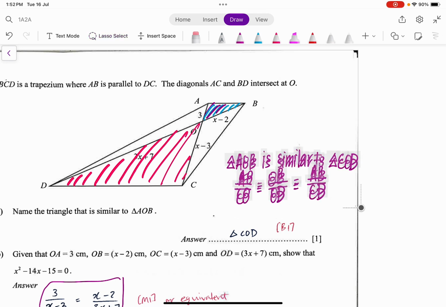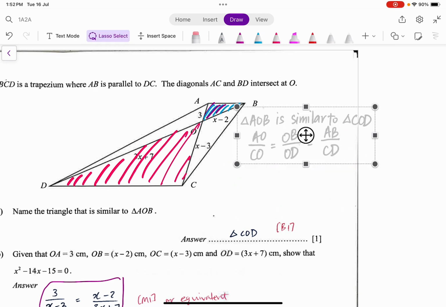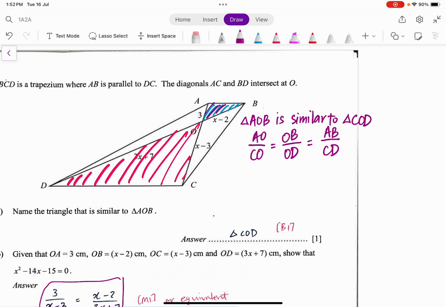AOB is similar to COD. But we look at which lengths we have. We know that AO is 3, CO is x minus 3 from the diagram, OB is x minus 2, OD is 3x plus 7.